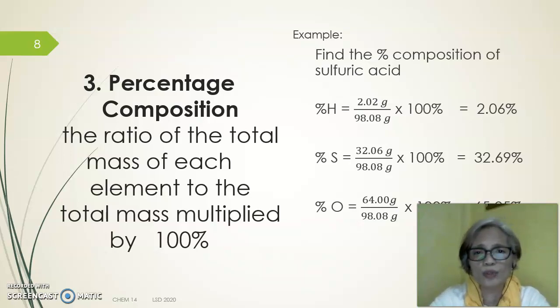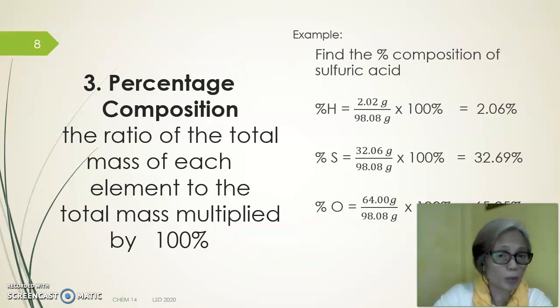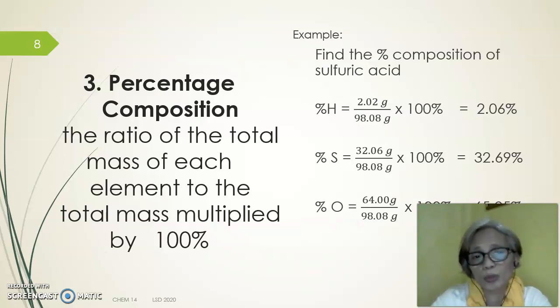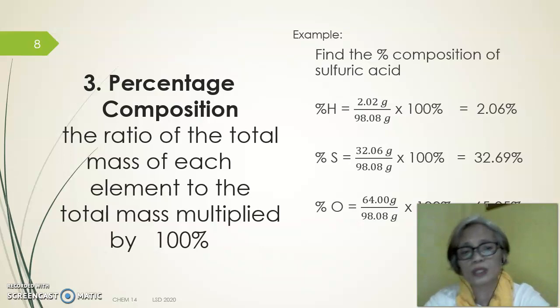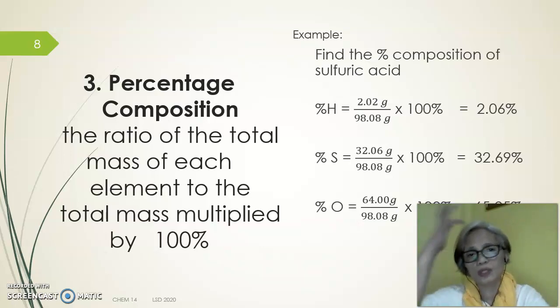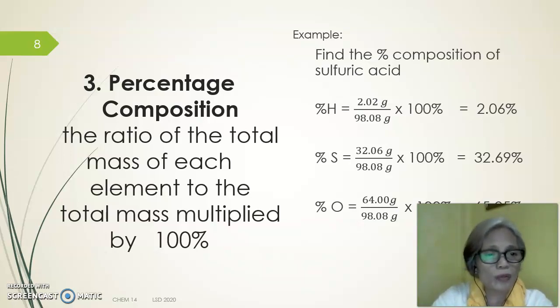So in a molecule of sulfuric acid, hydrogen is 2.06%. Sulfur is 32.69%. So just divide 32.06, which is the atomic weight of sulfur, by the molecular weight of sulfuric acid. We do the same thing with oxygen, 62.25.